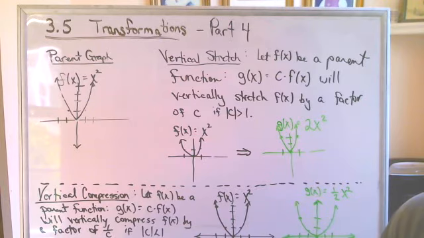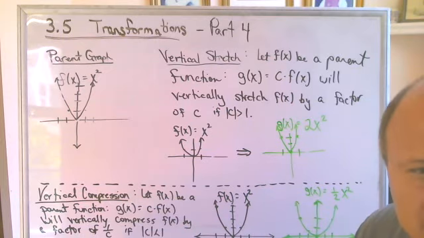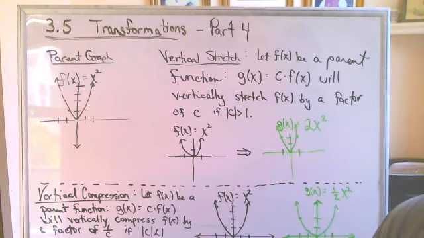But anyway, we've done vertical shifts, horizontal shifts, vertical reflections, horizontal reflections, and now vertical stretches and vertical compressions. There were two more: the horizontal stretches and the horizontal compressions, which we are not going to cover in this class.